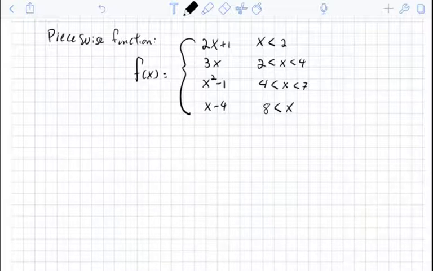Oh, sure. Let's put an equal sign there. All right. Sometimes these are called conditional expressions.